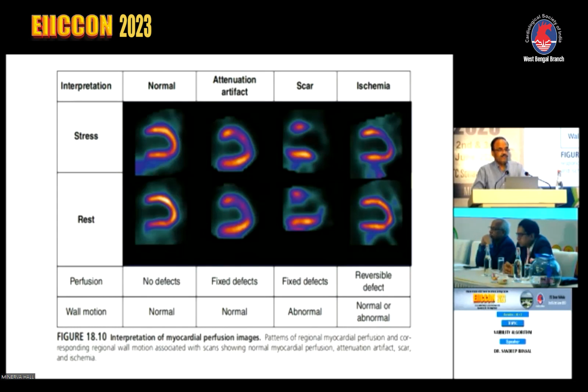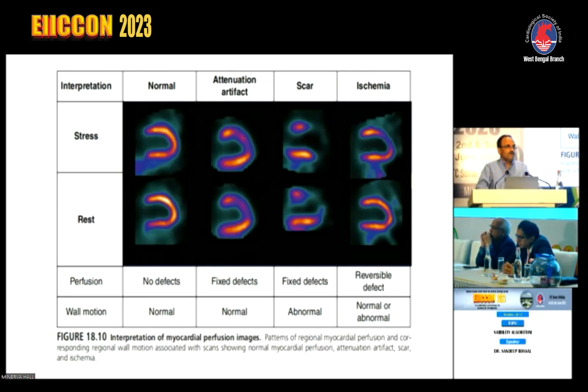These are basically attenuation artifacts, which are more commonly present in the diaphragmatic surface and the inferior wall of the myocardium. If the defect is fixed, that means at stress there is no perfusion, and at rest also there is no reperfusion in that area, this is suggestive of a scar.